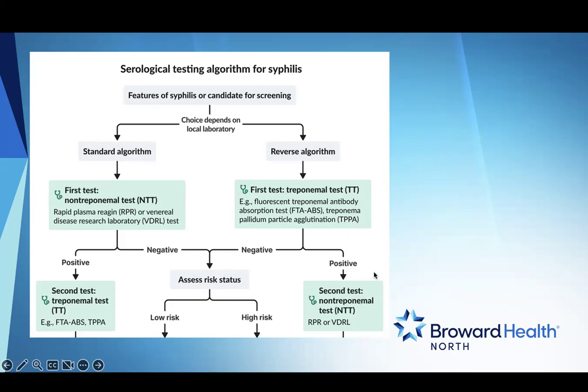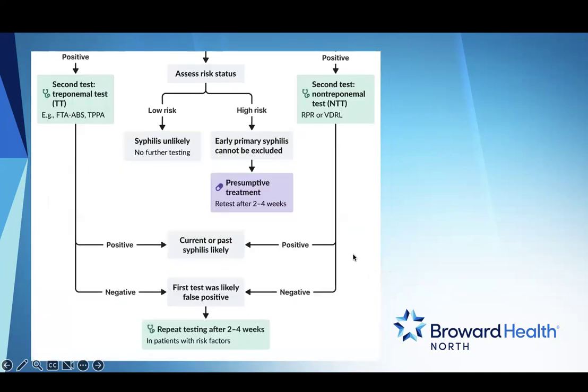So you have the treponemal, now you have to confirm with the non-treponemal. If it's positive, then the same thing: current syphilis, or they're latent, you had it in the past. If negative, the same thing, you have to think it's a false positive, but check again in 2 to 4 weeks.